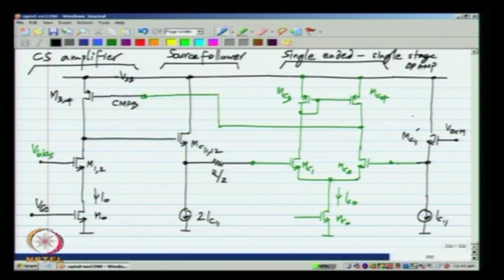Now, we know that in order to have stability in the 2-stage op amp, we needed to have a Miller or integrating capacitor from the gate of the common source amplifier to its drain. This is what was called CC, and because it is here for the common mode feedback loop, I will call it CC-CM.